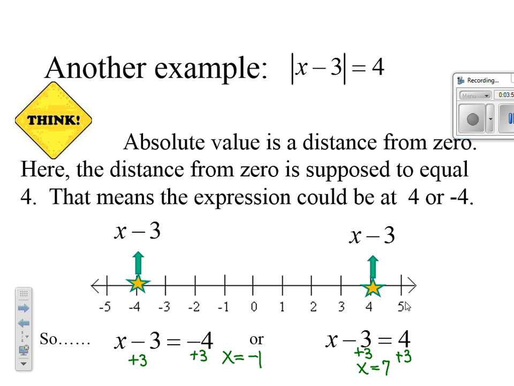There are 2 locations that satisfy that distance. So when we're talking about this expression, the absolute value, what is inside that absolute value has to be a distance 4 units away from 0.